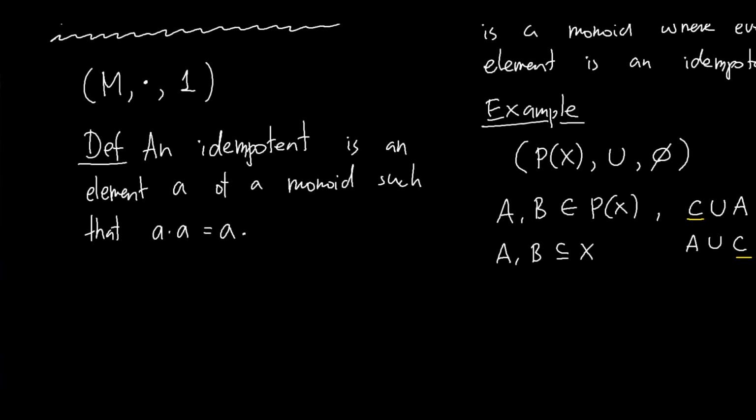And of course, this is a monoid because union of sets is associative, right? So we've got the identity law there where our C is now the empty set. And we clearly have that A union B union C equals A union B and union of that with C. That's clearly the case.